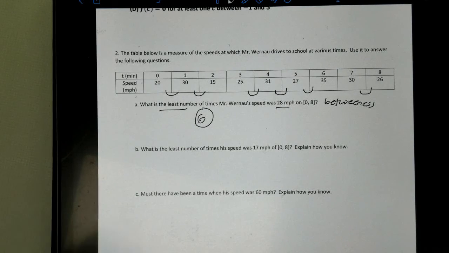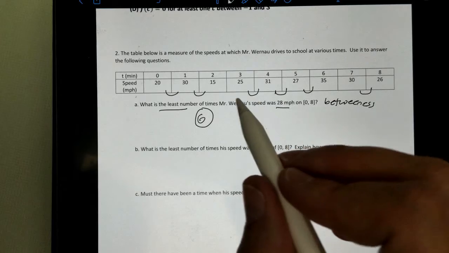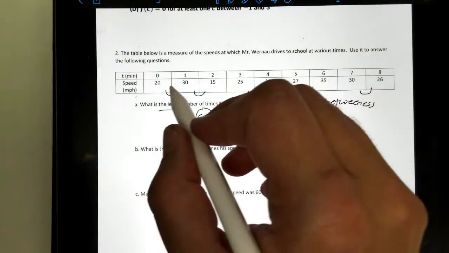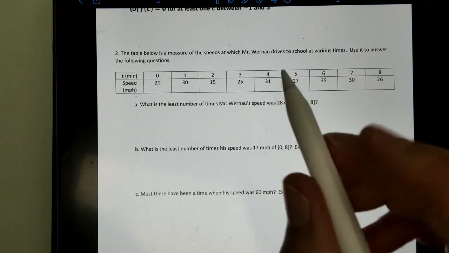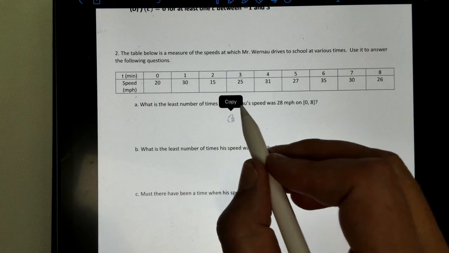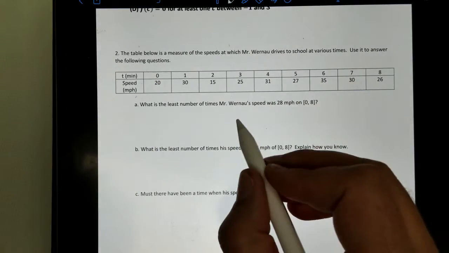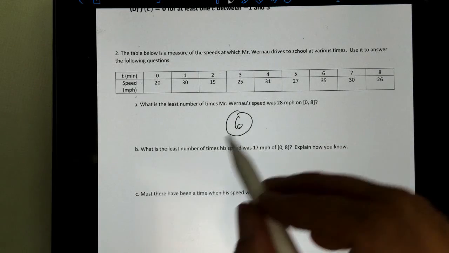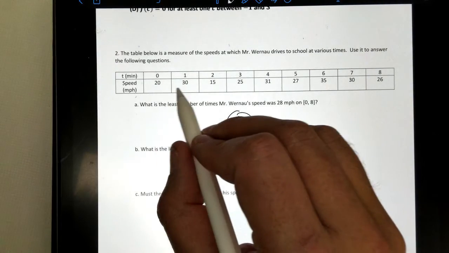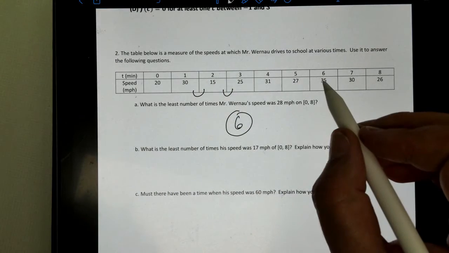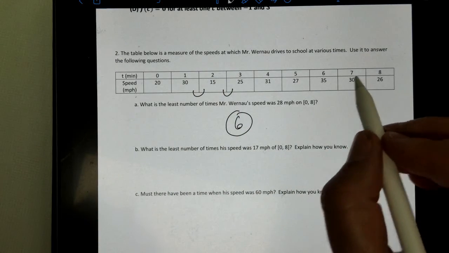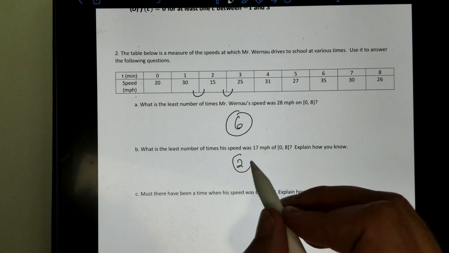What is the least number of times his speed was 17? So let me go ahead and erase all of those, and I can answer that. I wanted that 6 here. There we go. 17, I go here. No, can't guarantee. Looks like right here, crossing 17 here. And look, it doesn't look like it crossed any more times, so this would be 2 times.